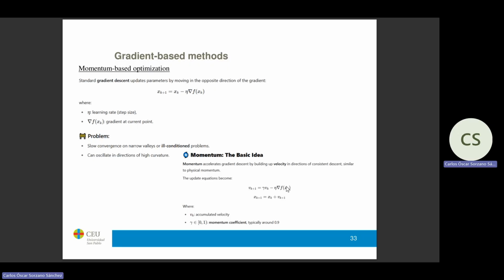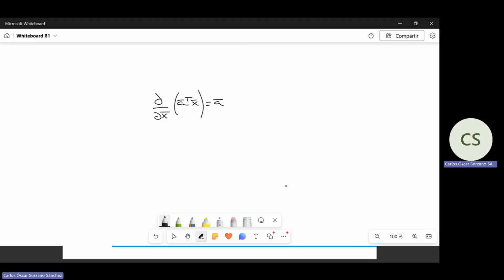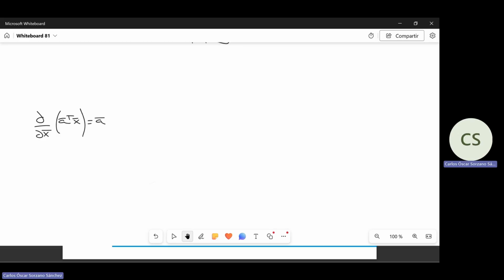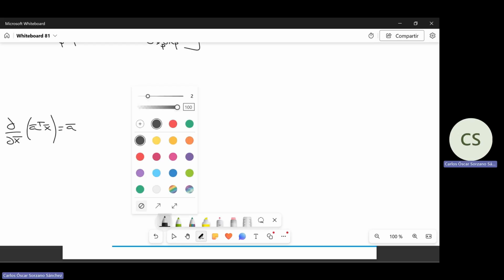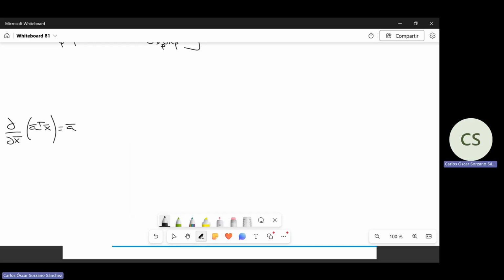This momentum is actually very good for saddle points. A saddle point is a point in which the function gets very flat. Let's say this is our axis, this is our function, and we are falling from here. Here we have a good speed, and then at some point we get to that location.